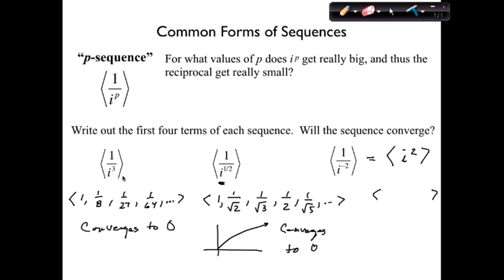Okay, so it converges for positive values. What about fractions that are positive? These are going to get big much slower than, let's say, I cubed. I cubed gets big very fast, so that converges to 0 very fast.